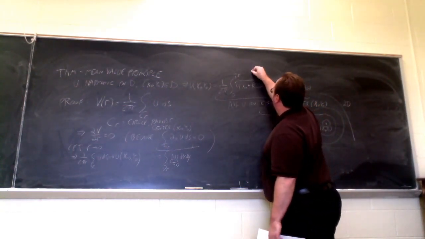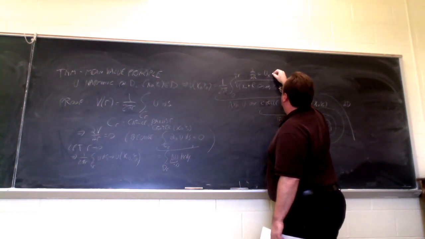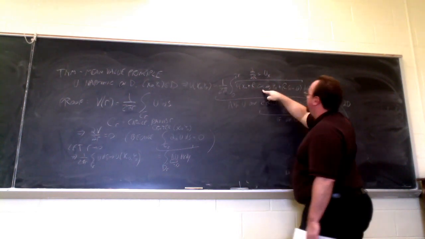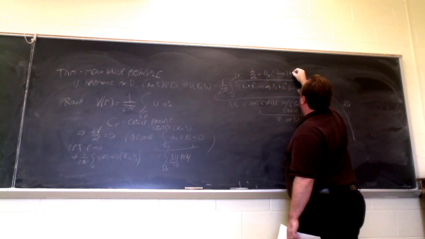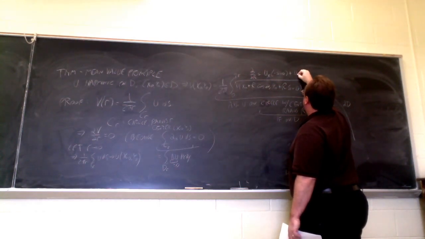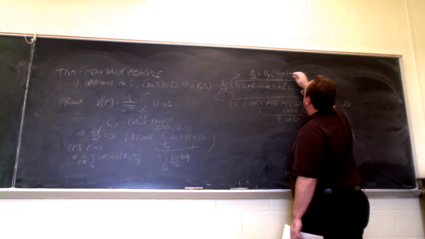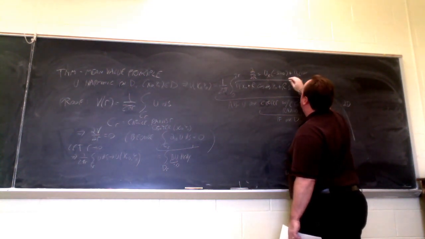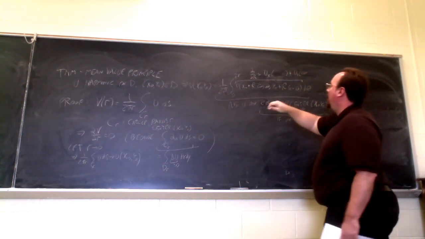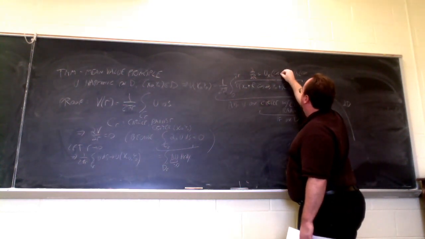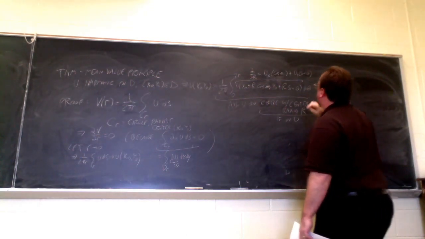The derivative of this with respect to capital R equals du dx times the derivative of this with respect to R, which is cosine theta, plus du dy times, sorry, with respect to R, which is sine theta.